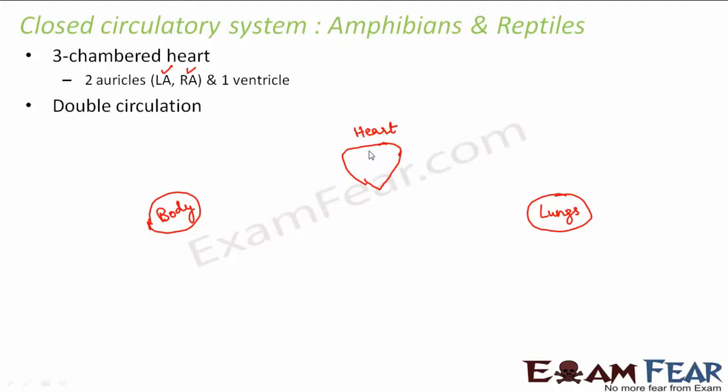Now here the heart is divided into 3 chambers. There are 2 auricles. Let us suppose this is the right auricle, this is the left auricle, and this is the ventricle. This is how the heart looks in case of amphibians and reptiles.